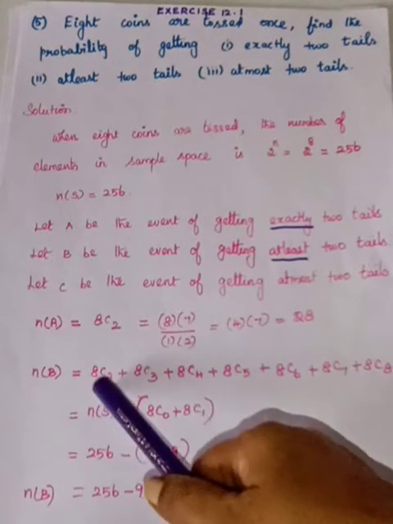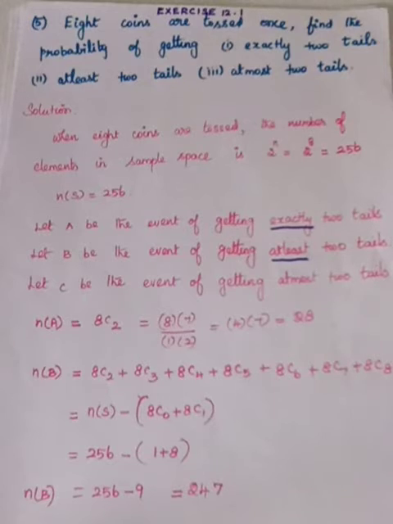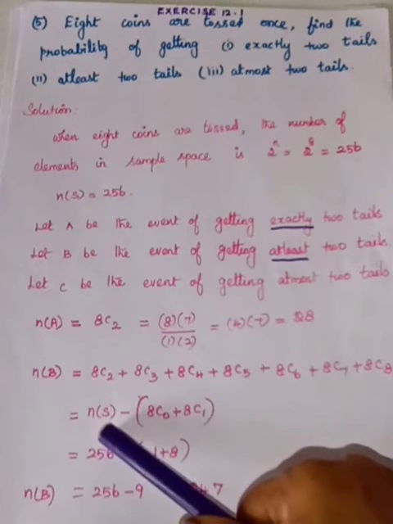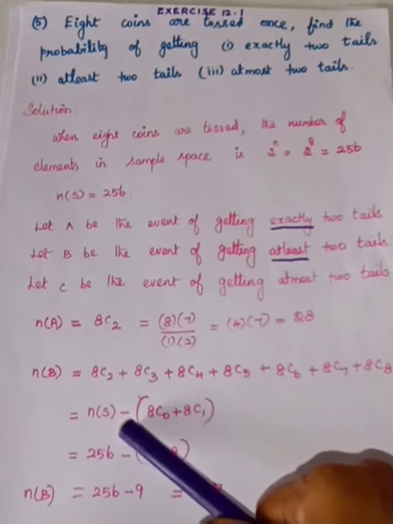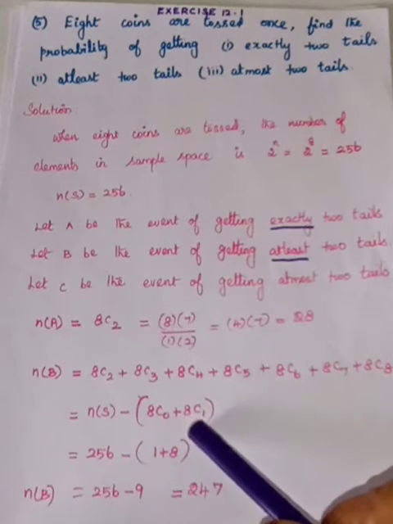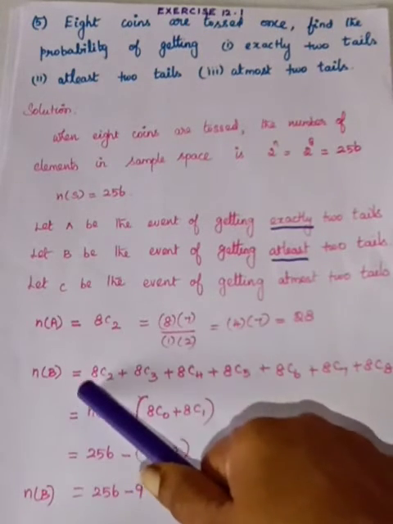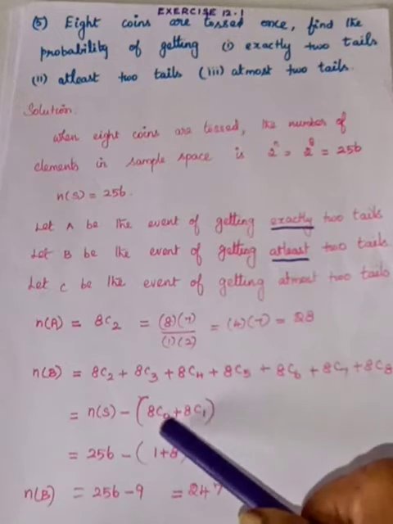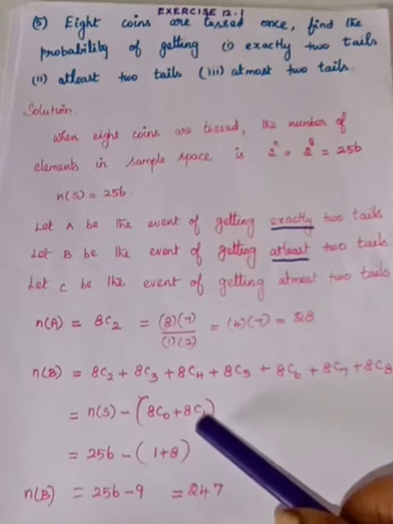Instead of finding all the results, we know n of s, the total number. From that you can subtract 8C0 plus 8C1, because these two are missing. The remaining combinations are all here. Only these two combinations are missing.